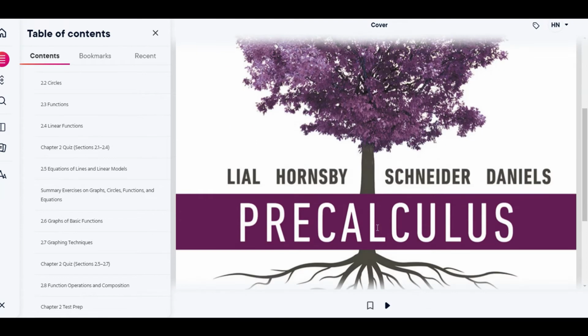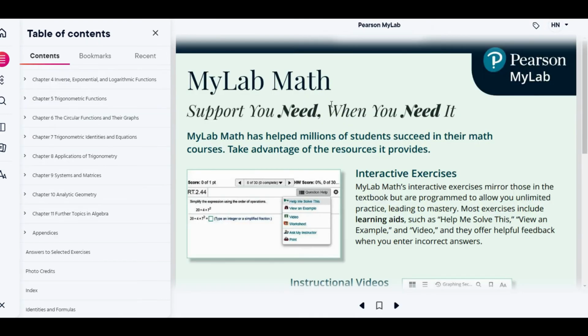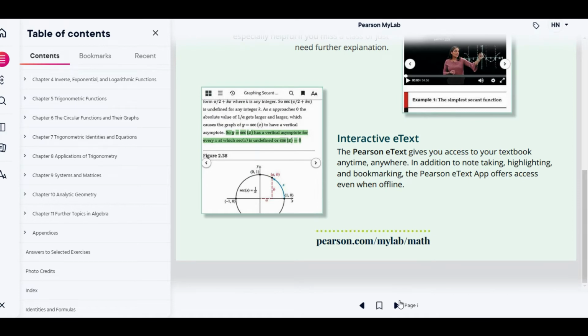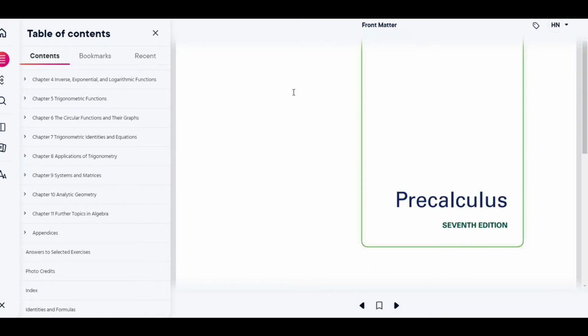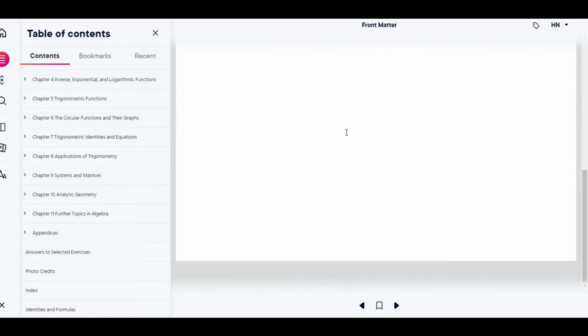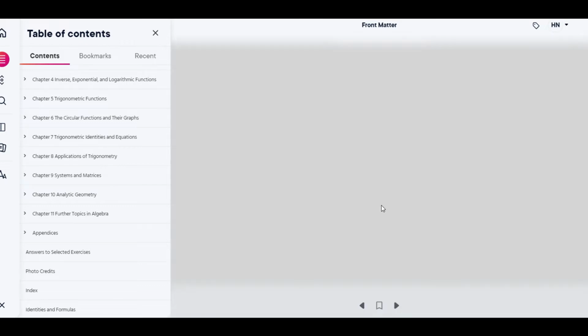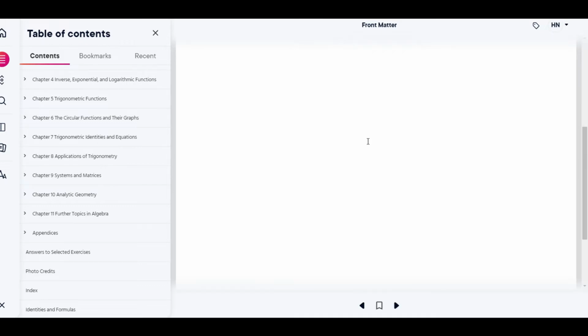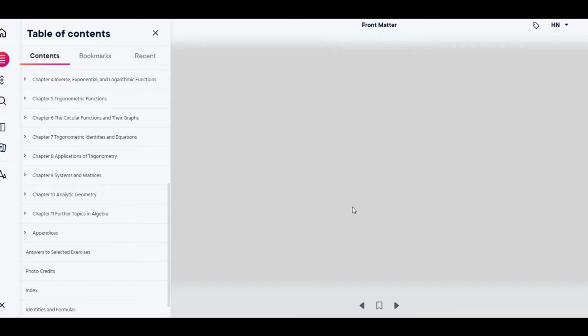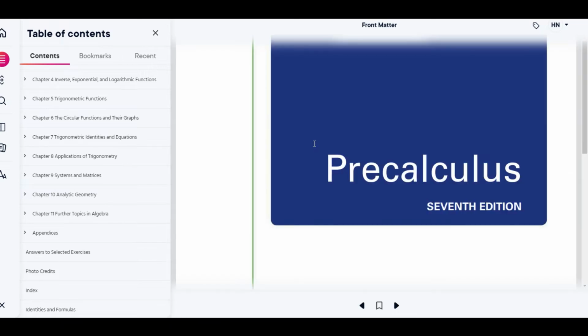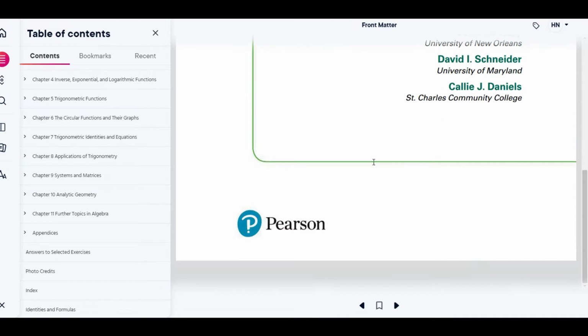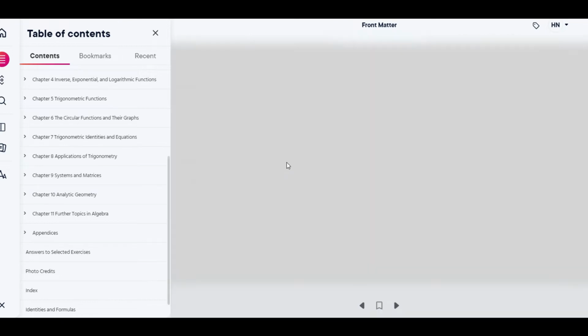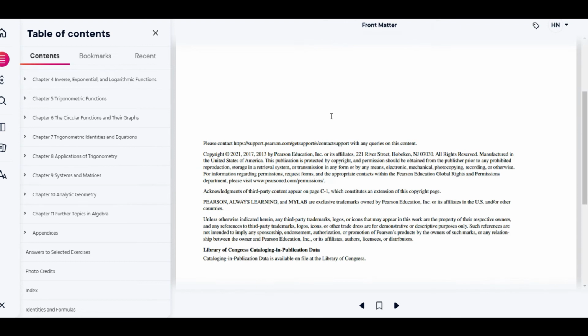The ISBN for this textbook should be listed in the bookstore, but again, you don't need to buy the physical textbook. Let me see, I can find the ISBN number here. If you have MyMathLab, then you can access the ebook online, so you don't have to buy the physical one.